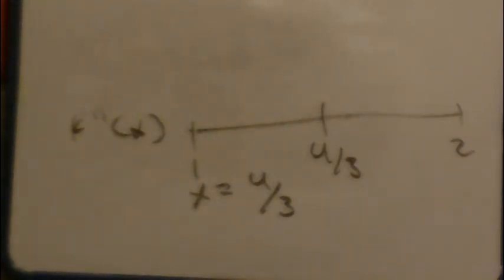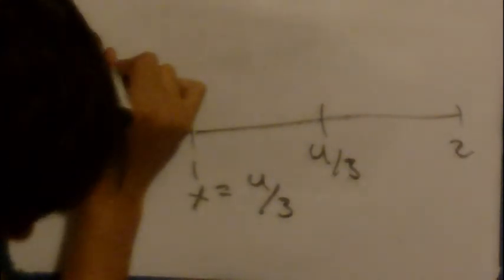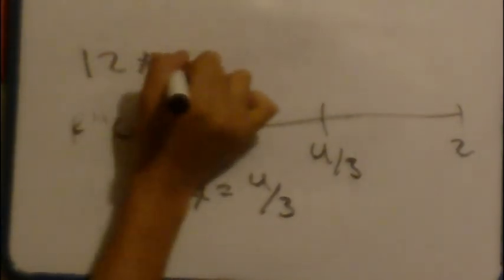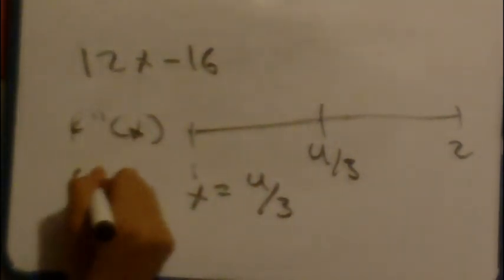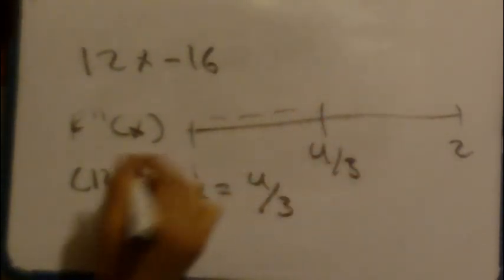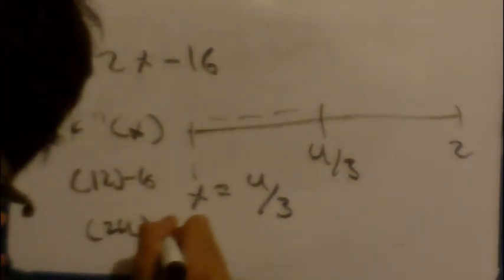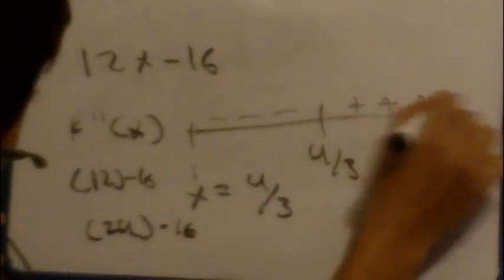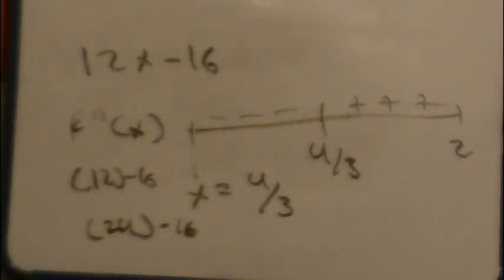We'll find one, we'll find the other. So 12x minus 16. 12 minus 16, that's negative, so this is going to be negative. And 24 minus 16, that's positive, so here it is. It was a negative concavity before it reached 4 over 3, and a positive concavity after.